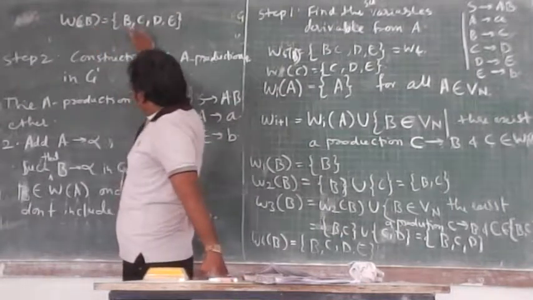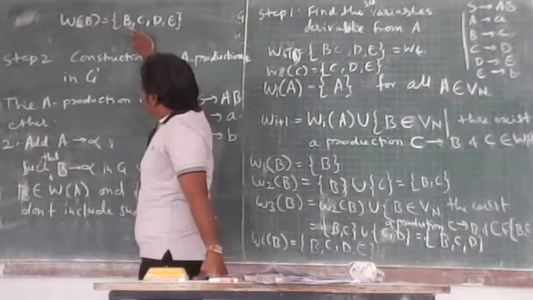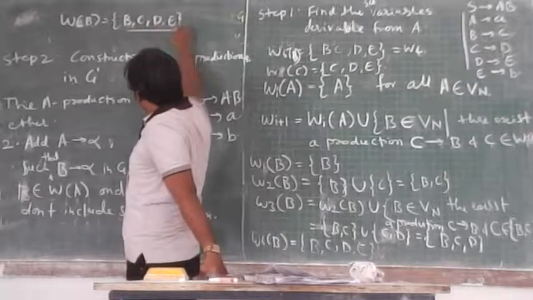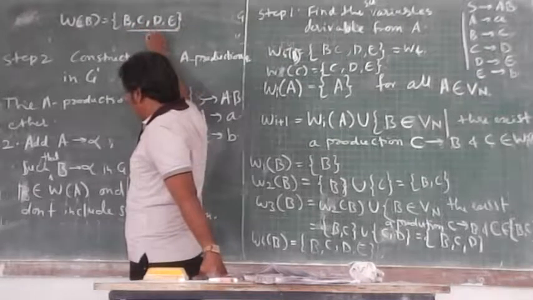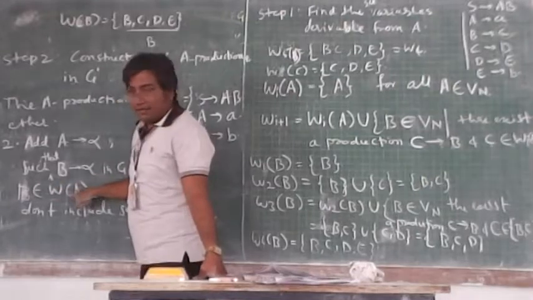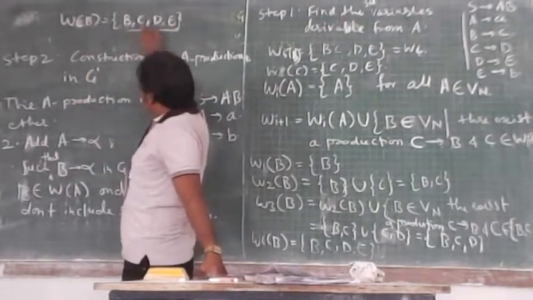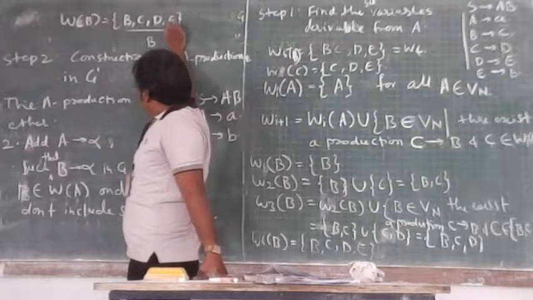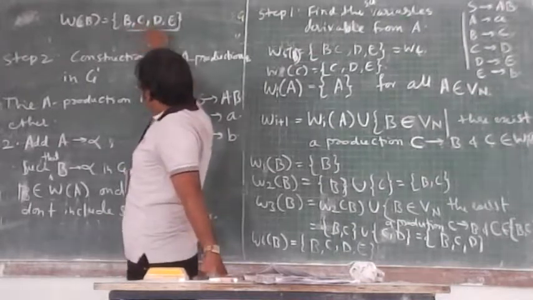What is the working set? The elements of this working set are B, C, D, E. So these B, C, D will be the values taken by this B variable. B belongs to W A. So the B variable will take all the values one by one. So you have to go for selecting.